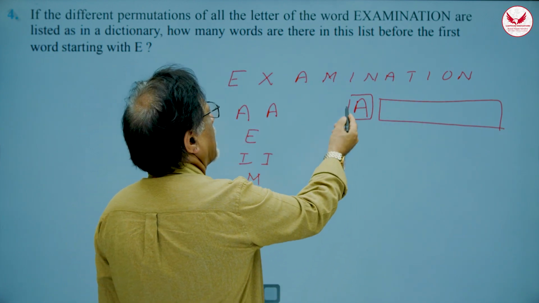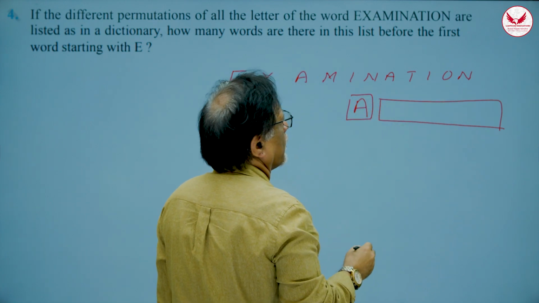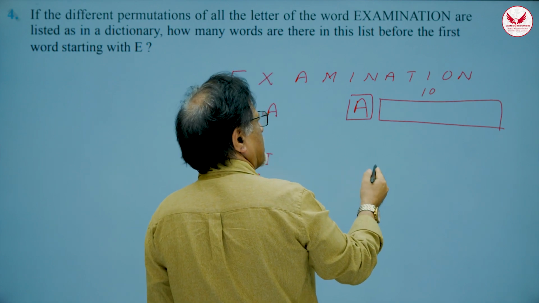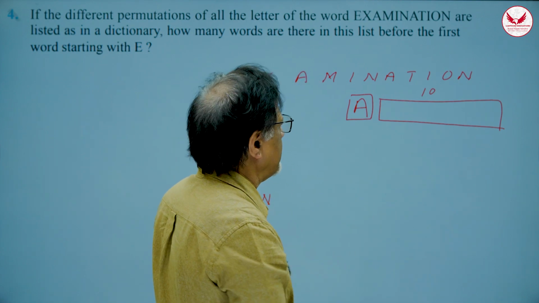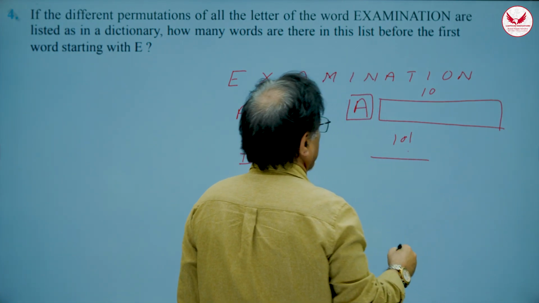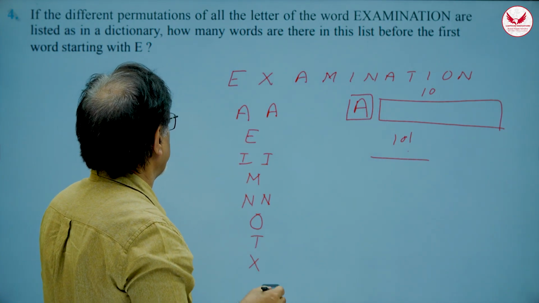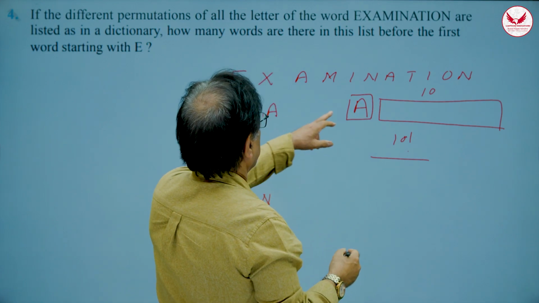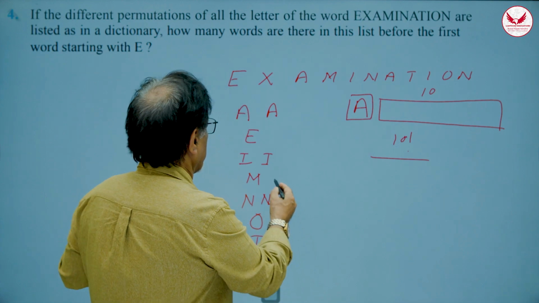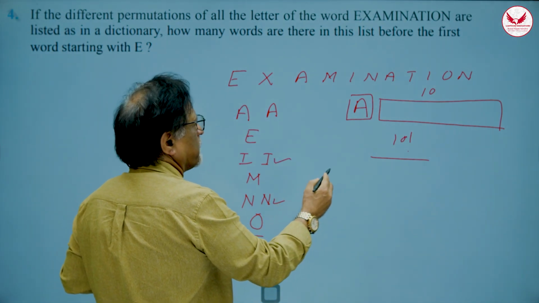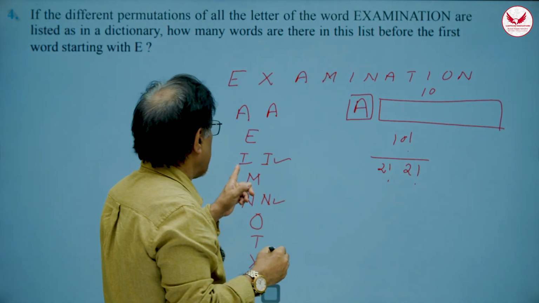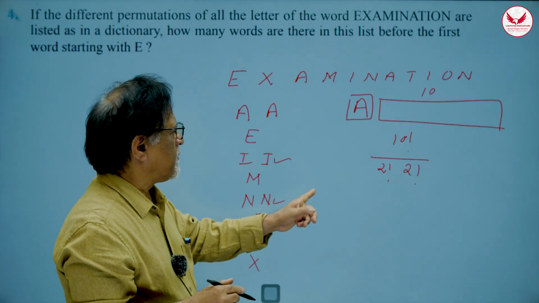Out of 11, A is gone, so there are 10 letters available. Had they been different, they could have been arranged in 10 factorial ways. But unfortunately, they are not different; some of them are repeated. Since A is already taken, that repetition is not counted. So there are two repetitions here, I twice and N twice, which gives 2 factorial and 2 factorial.